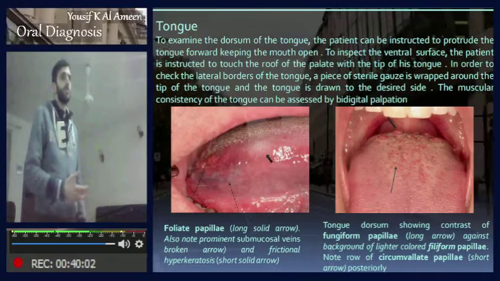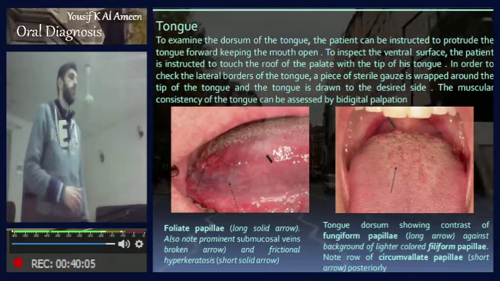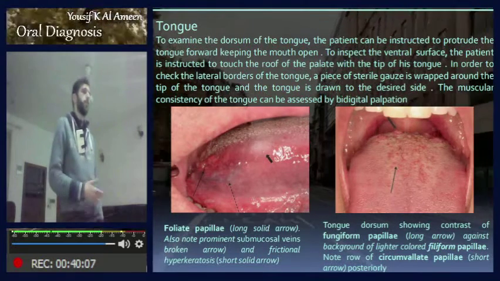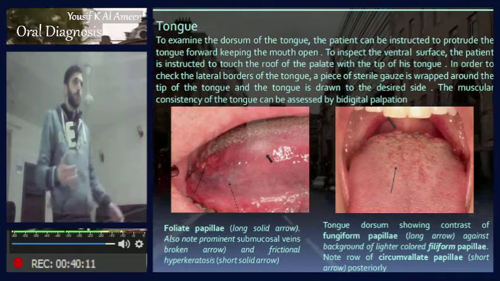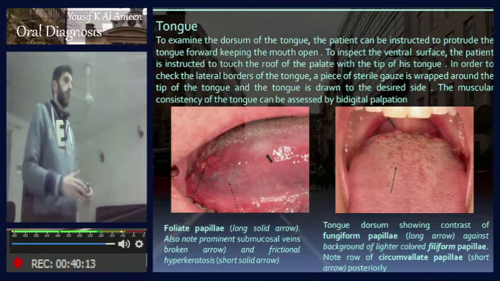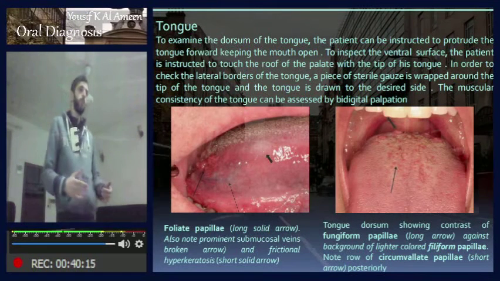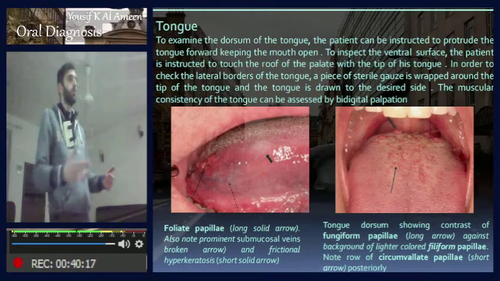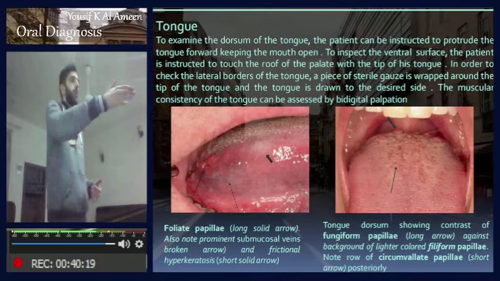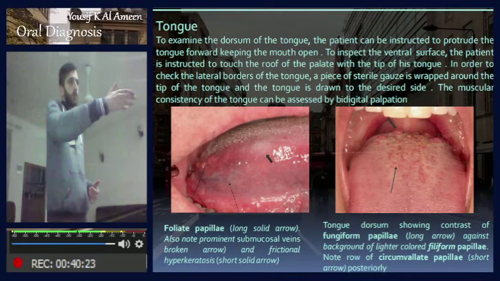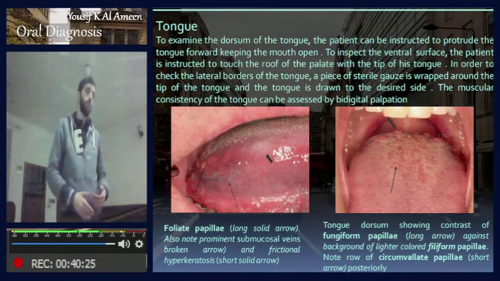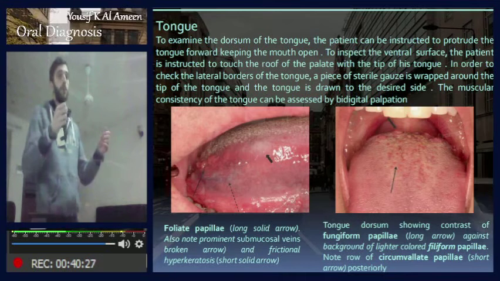The patient is instructed to touch the roof of the palate with the tip of his tongue. In order to check the lateral borders of the tongue, a piece of sterile gauze is wrapped around the tip of the tongue and the tongue is drawn to the desired side. The muscular consistency of the tongue can be assessed by bilingual, bidigital palpation.